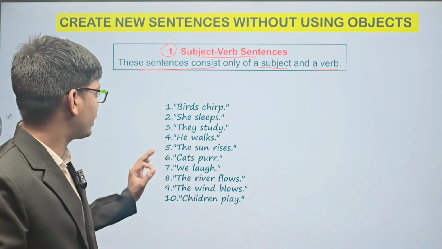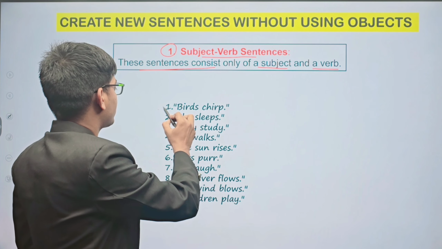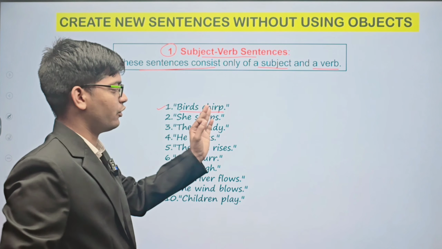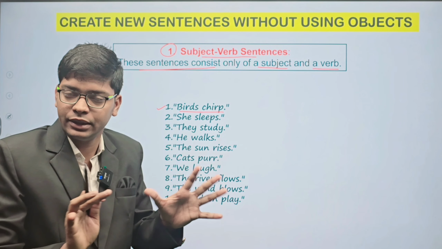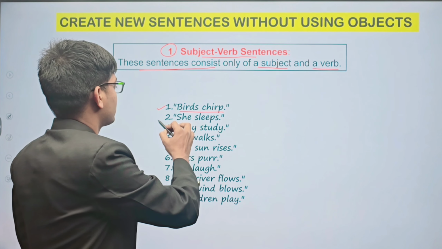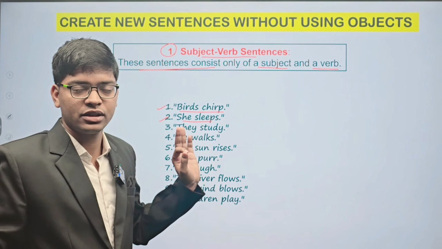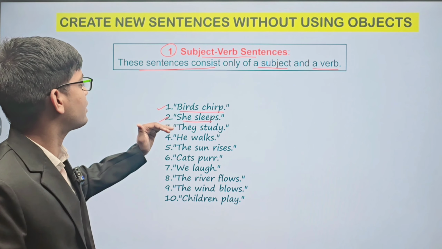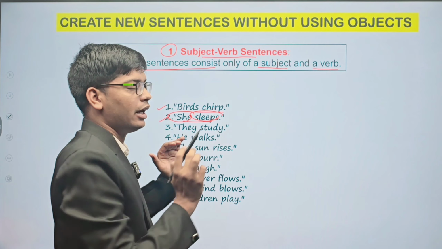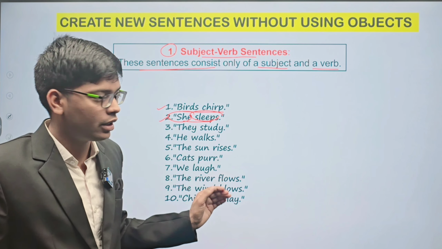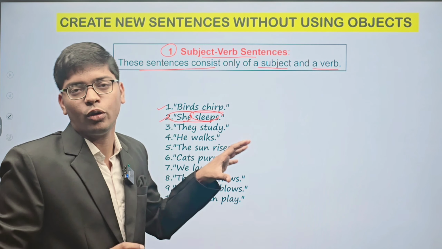For example, she sleeps. In this sentence, she is a subject and sleeps is the main verb here. There is no object here.